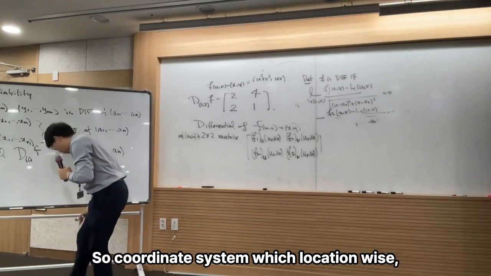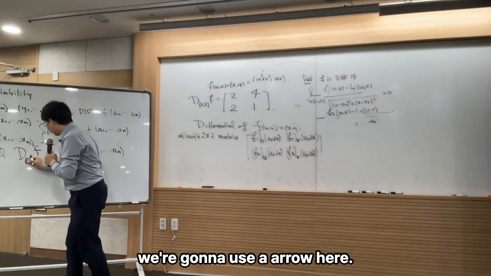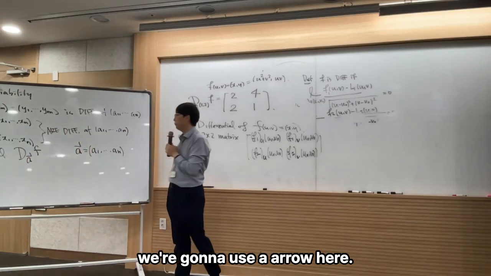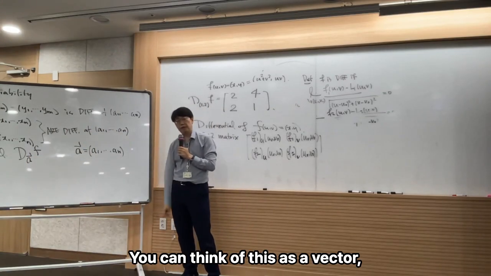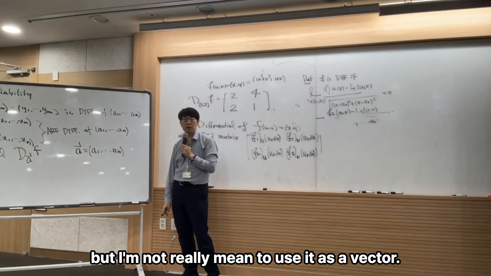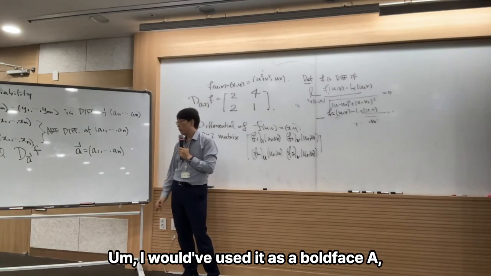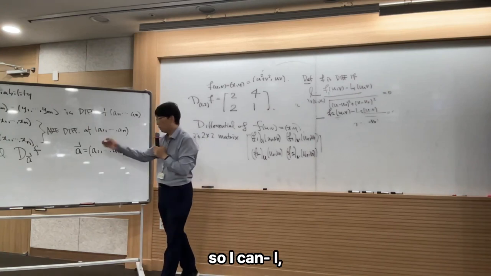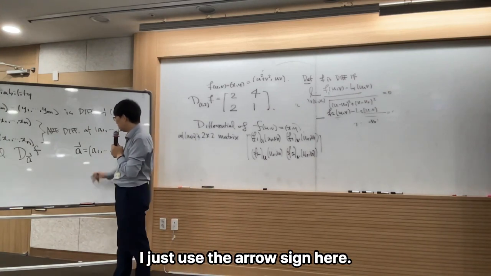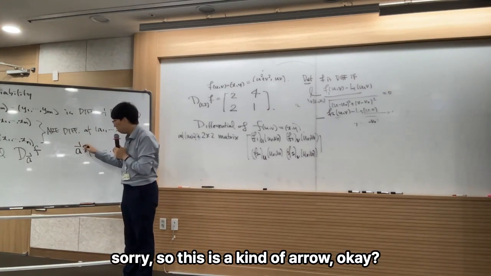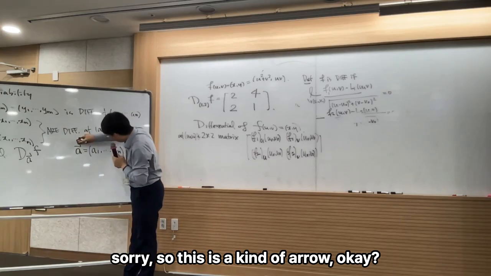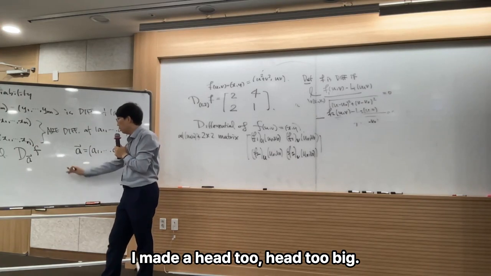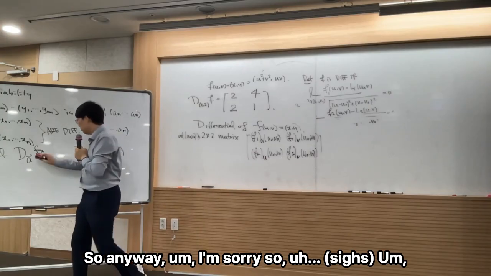For example, notation-wise, I'm going to use a with an arrow here. You can think of this as a vector, but I don't really mean to use it as a vector. I would use a boldface A, but I cannot make it distinguishable, so I just use the arrow sign here.